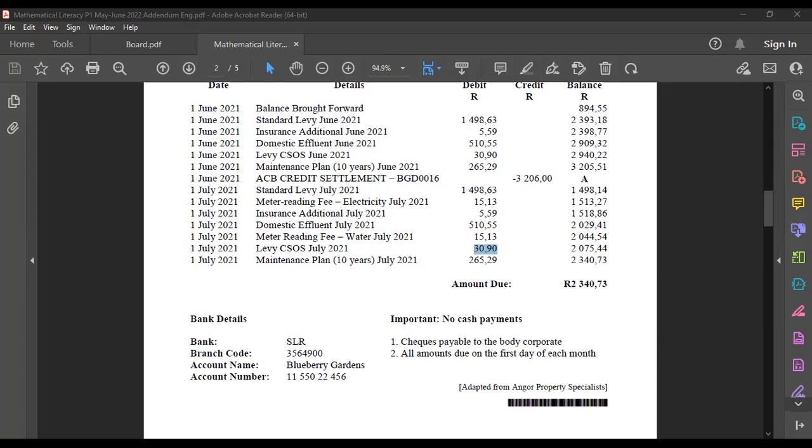Question number 2.1.8. Blueberry Gardens body corporate increased the standard levy by 6.45% from 1st of August. So they increase the standard levy by this much, so simply meaning we are going to increase. What's the new levy? So let's go back to our annexure.